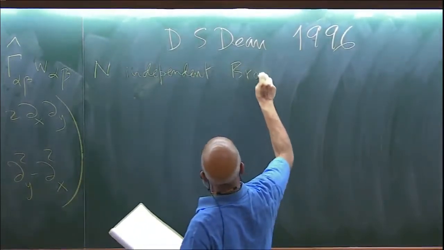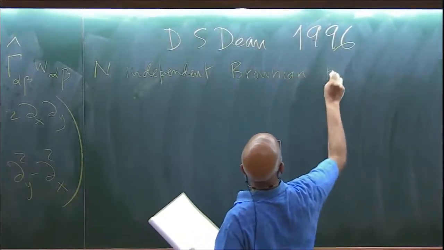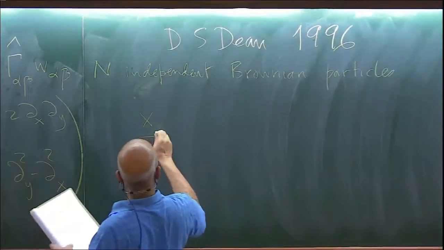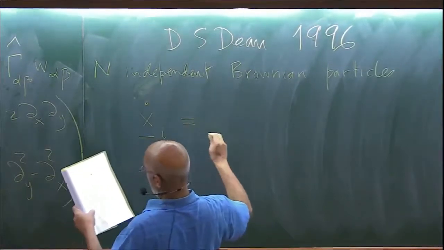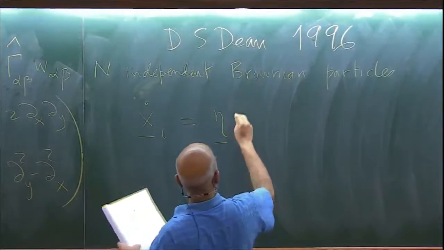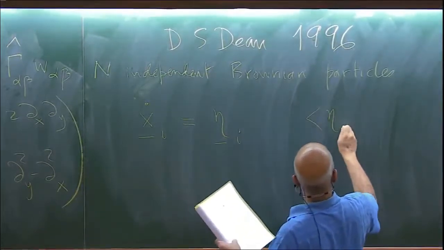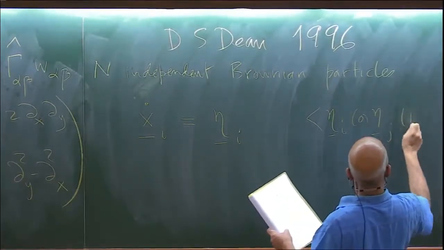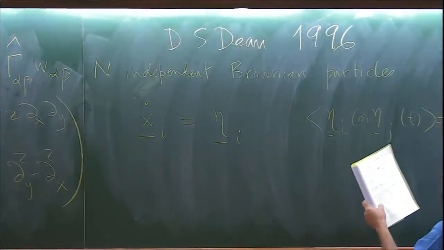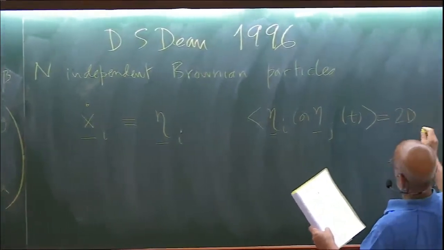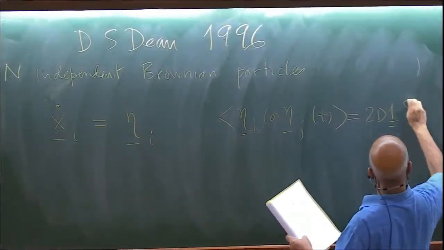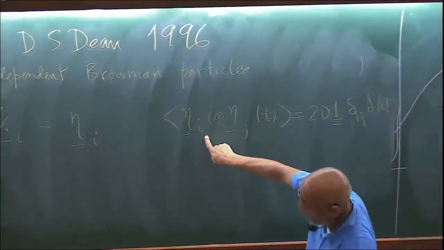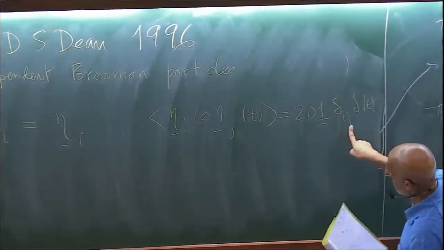He did it for a more general case, but let's take n particles that don't know anything about each other, with positions x_i and evolving under the action of noise, where i labels the particle, different noises are uncorrelated to each other.